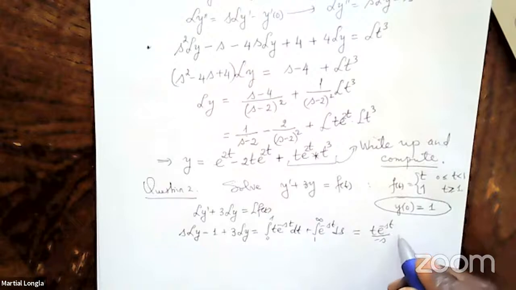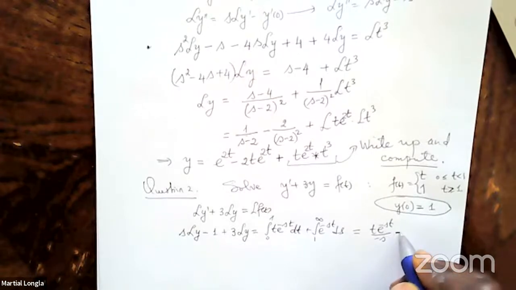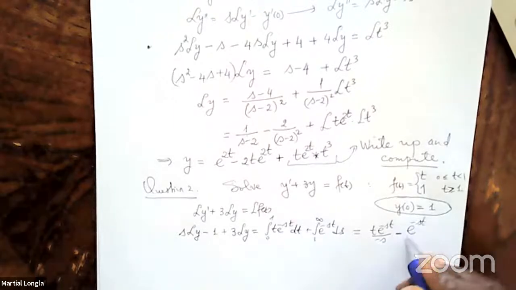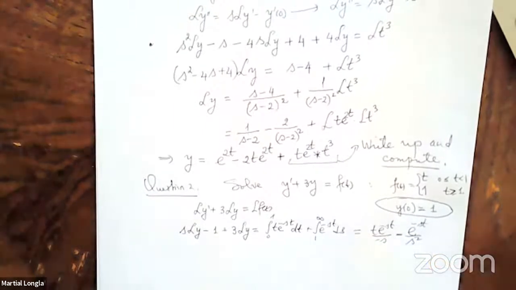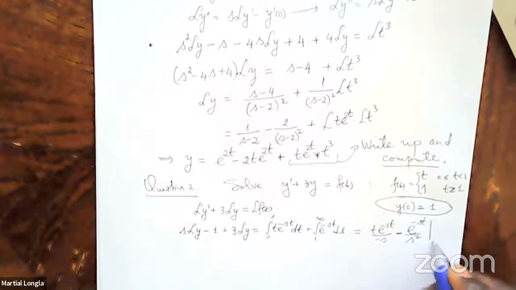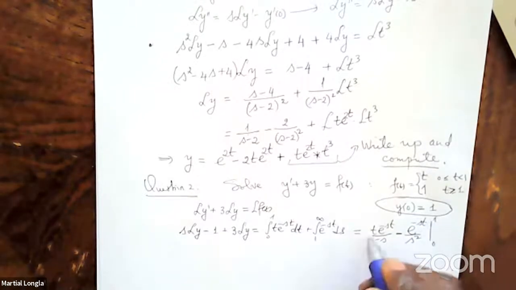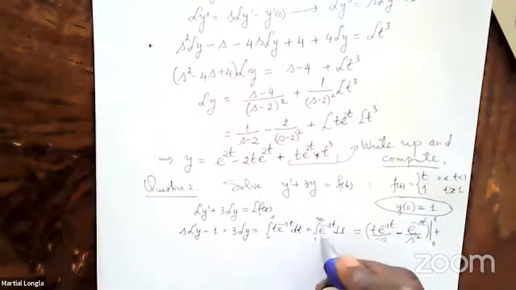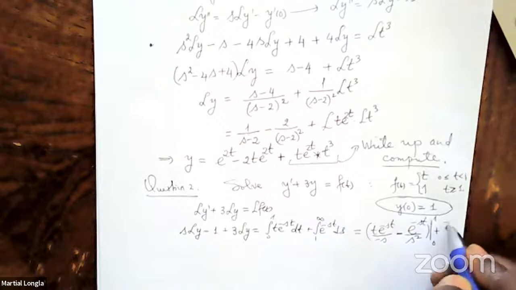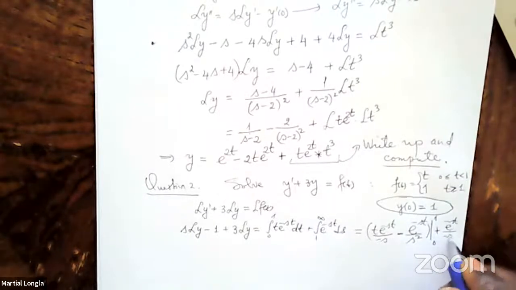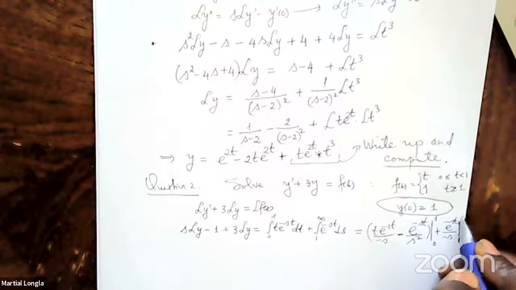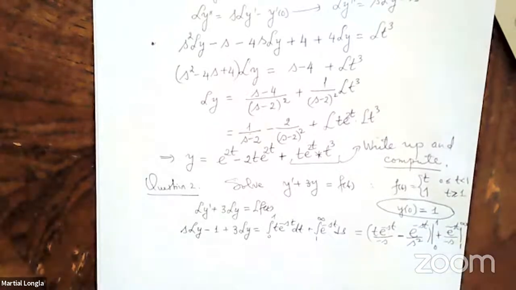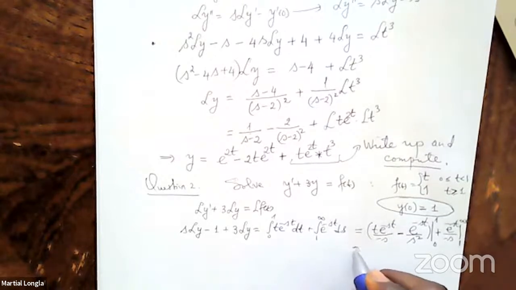So it will be minus e to negative st over s squared, evaluated from 0 to 1. And then you'll get this integral: e to negative st over negative s, from 1 to infinity, right? So what is it equal to?